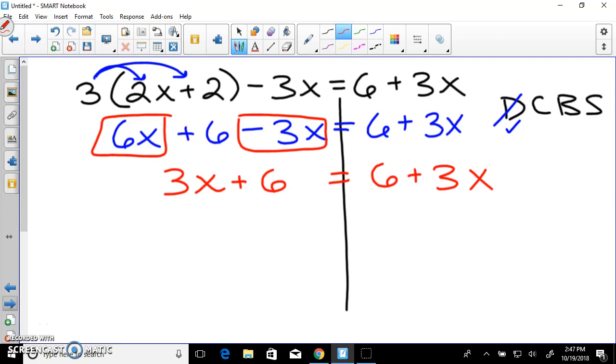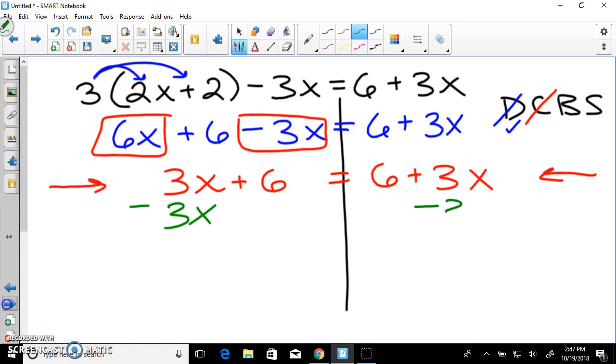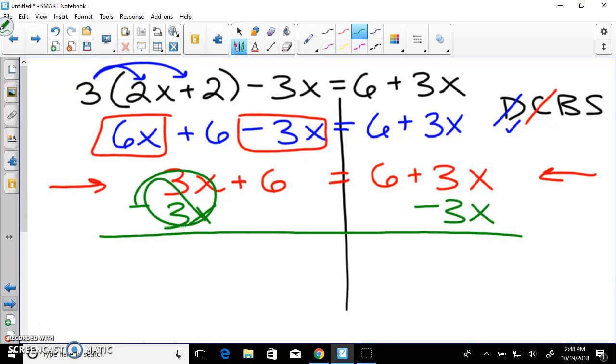Now I'm already starting to notice that I see a lot of the same terms on the left as I do on the right. Let's bring all of our variables to one side. So I'm going to subtract 3x, move that over. Notice what happens. That leaves us with a 0 pair, so we have 6 equals, that's another 0 pair, 6.